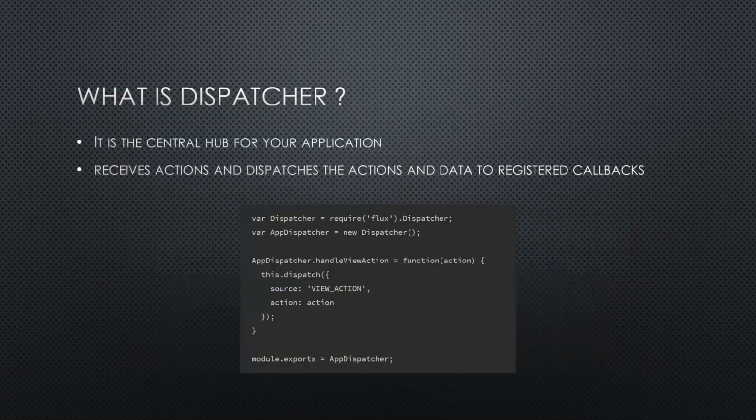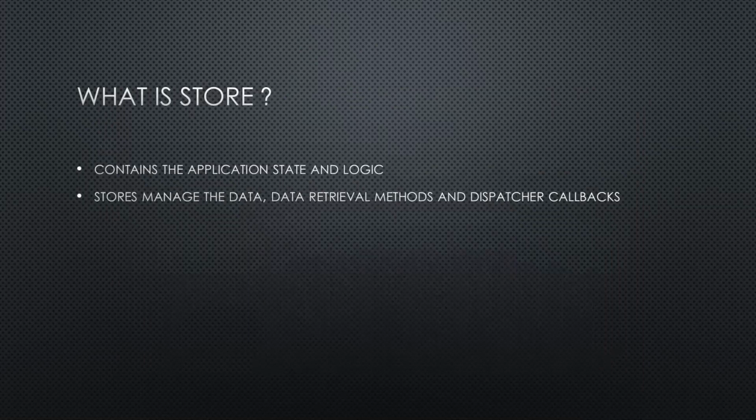Whenever an action is triggered, the dispatcher detects the action and its source, and according to that, it dispatches the data to the store. The store contains the application state and logic. Whenever a change in the store occurs, the controller view re-renders the whole model.